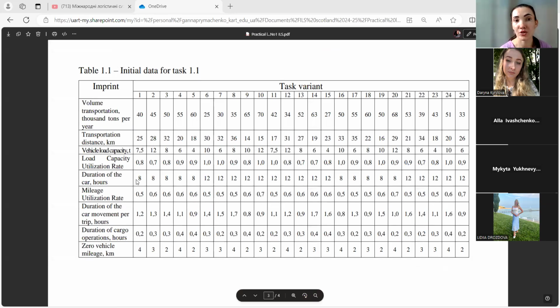We can see that first, second variants and to 5 variants have 8 hours in the day. So we use 8. If you have variant from 6 to 10 for our groups, we can use 12 hours on the day.